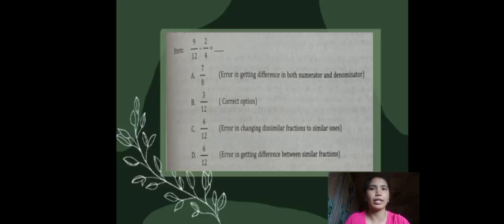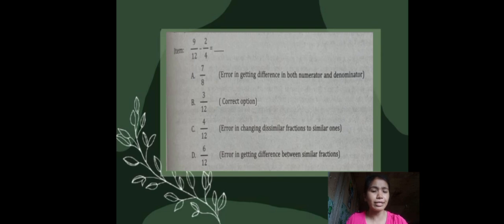For example, this one. These choices, as we can see, 9/12 minus 2/4. As we can see, these choices A, B, C, and D, 7/8, 3/12, 4/12, and 6/12. As we can see, these choices is a perfect choices. Pag sinolve mo yan, tapos di ka marunong mag-solve ng fraction, ay possibility na lalagyan mo ng denominator 12 minus 4 is equal to 8.